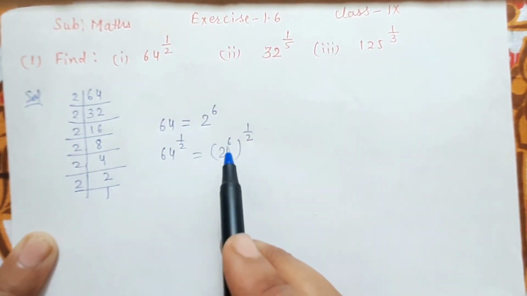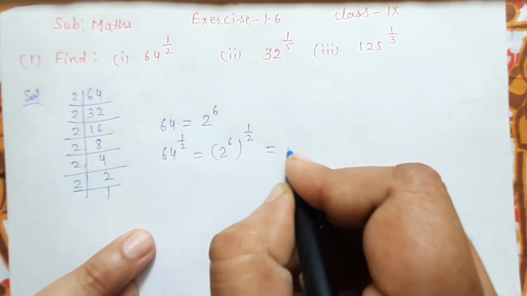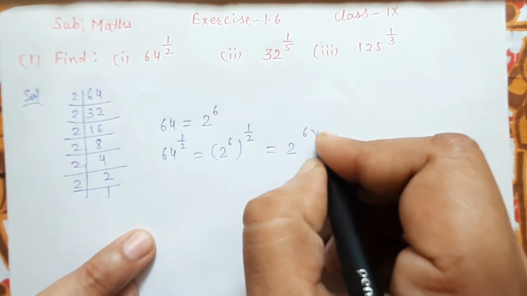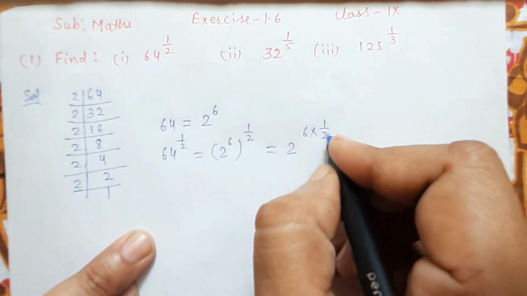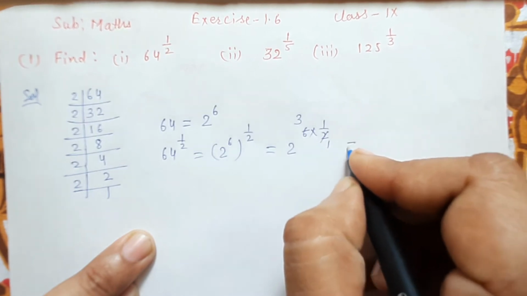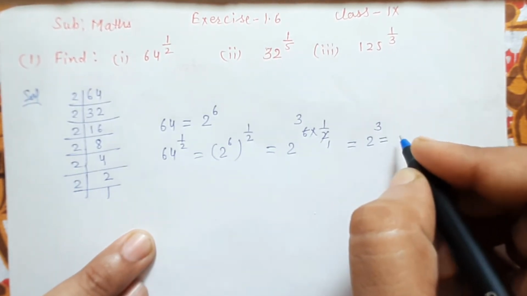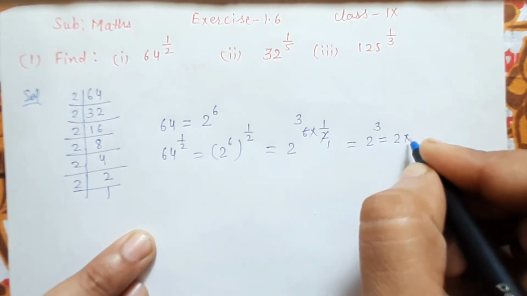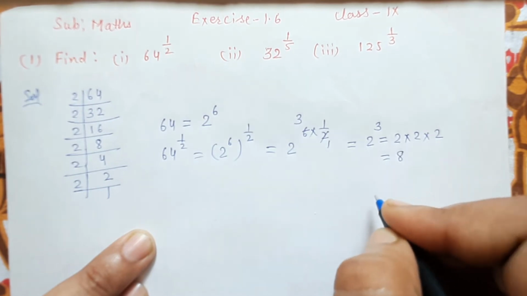Now if power is there, then we can multiply them, 6 into 1 by 2, by using the law of exponent. 2 1s are 2, 2 3s are 6. So we got here 2 raised to power 3, and 2 raised to power 3 is equal to 2 into 2 into 2. So our answer is 8.